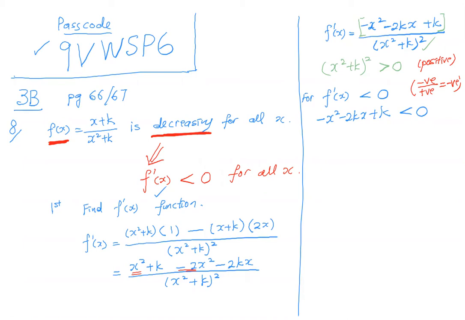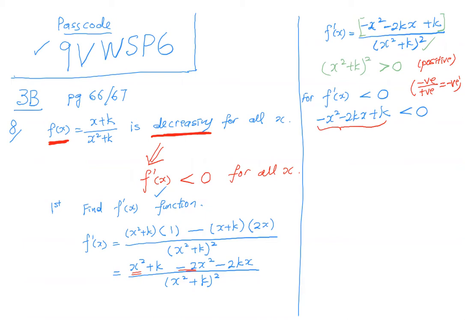So if you have a quadratic expression, what comes out in your mind? b squared minus 4ac. What comes out in your mind? You have to think of your discriminant. So this is a quadratic function. Those I wrote down in red are interpretation.